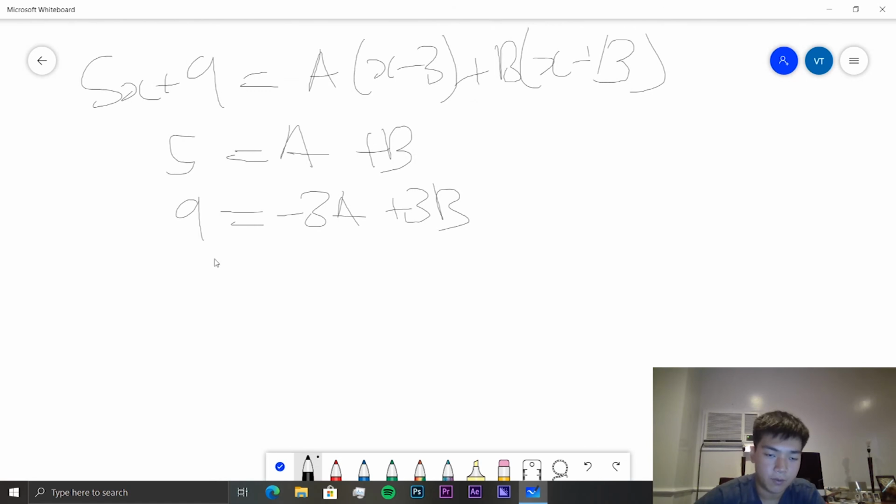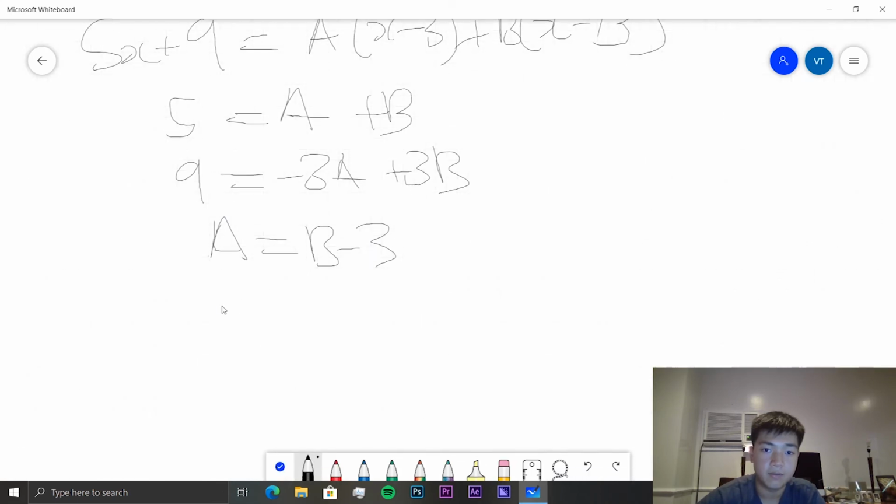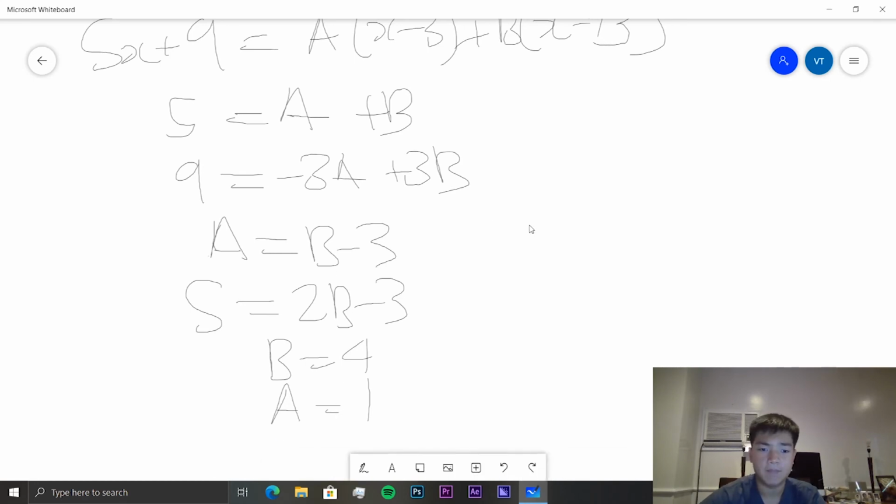So we have, of course, a is equal to b − 3. So 5 is equal to 2b − 3. So b is equal to 4, and a is equal to 1. Check: 12 minus 3, 9, yeah.